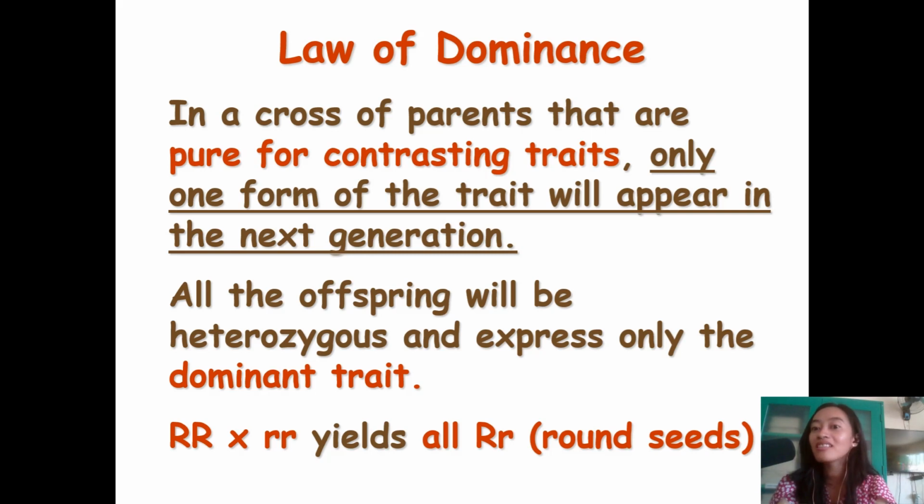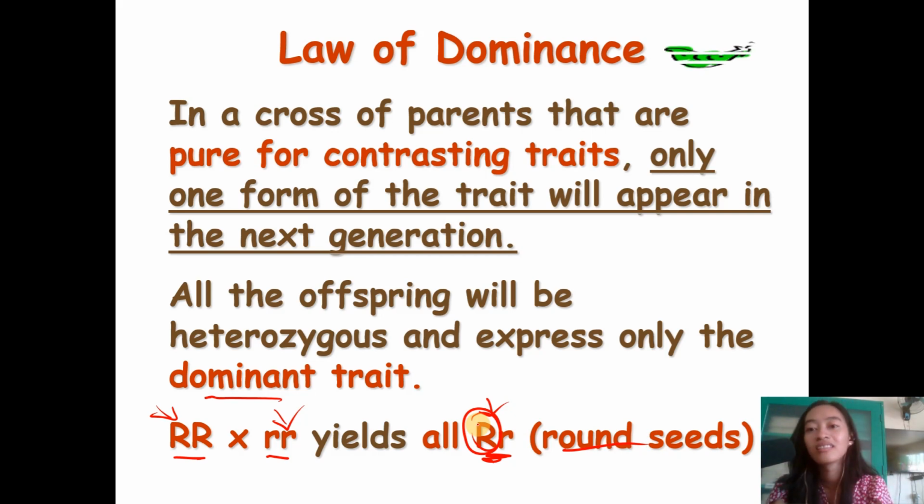Sige. So in Mendelian genetics, law of dominance, only one form of the trait will appear in the next generation. And that trait or that form will be the dominant one. And kanisya. For example, pure dominant, pure recessive, porous hybrid, but the hybrid will all be round seeds, meaning kani jud ang magdalagbida, the round.